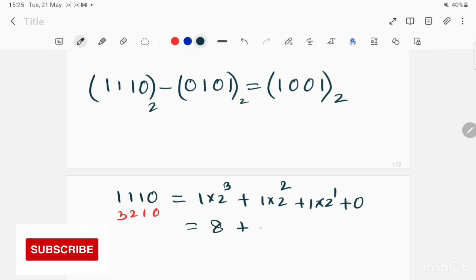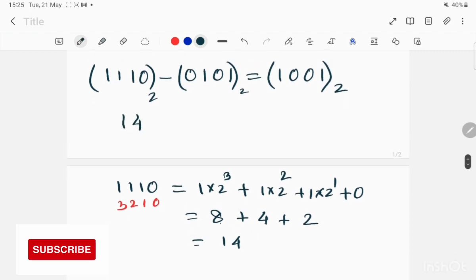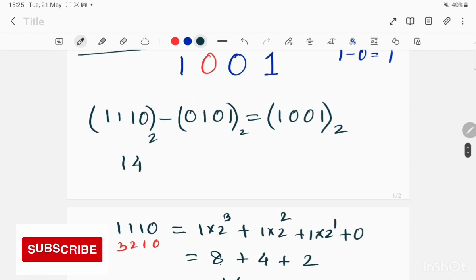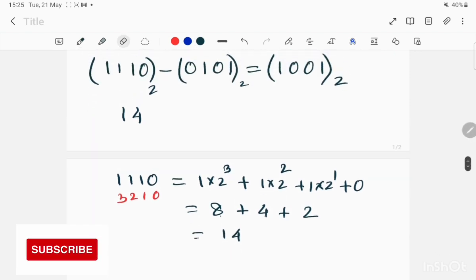So it is 8 plus 4 plus 2, 8 plus 4 means 12, plus 2 is equal to 14. So this is 14. Next is 0 1 0 1. So let us do that.